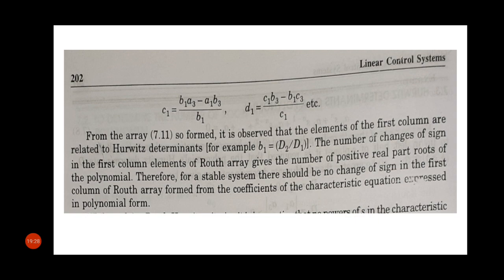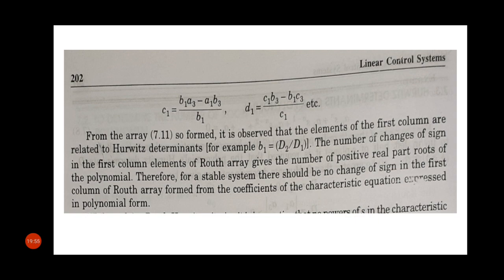If these are satisfied, we come to the sufficient condition: all the terms in the first column of the Routh array should be positive or have the same sign. When the necessary and sufficient conditions are satisfied, we say a system is stable by using Routh criteria.